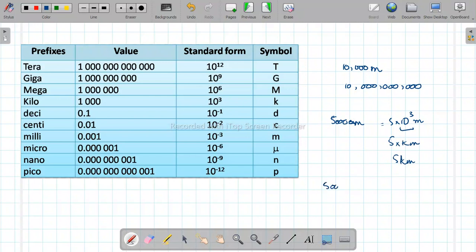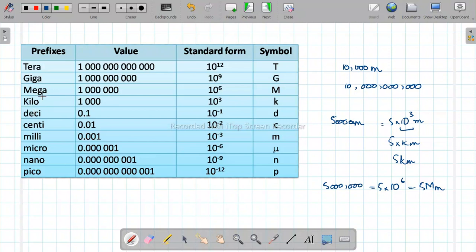Same here. अगर यहाँ पर ये 6 zeros होते तो I would have written it as 5 into 10 raised to the power 6, and we know that 10 raised to the power 6 is nothing but mega, which is represented with capital M, and I would have written it as 5 mega. अगर distance होता और आगे meters होता तो I would have directly represented it this way. ठीक, तो इसी तरह अगर कोई वैल्यू बहुत स्मॉलर है उसको भी रिप्रेजेंटेबल बनाने के लिए we use these prefixes as well, right?